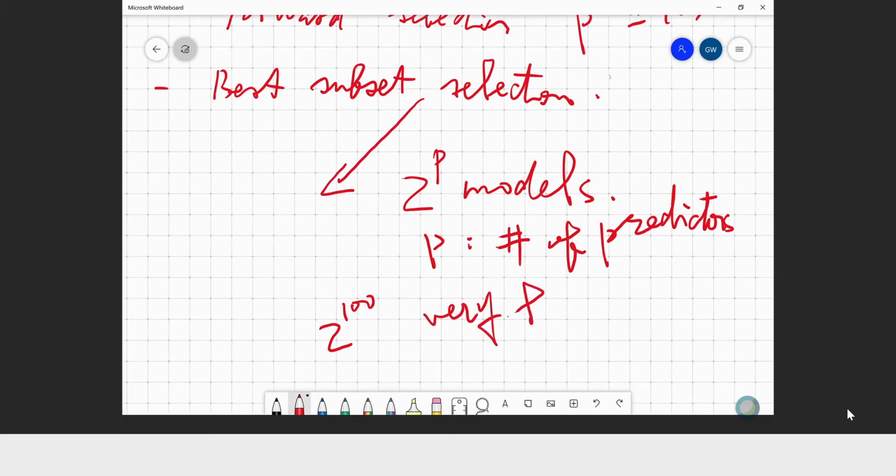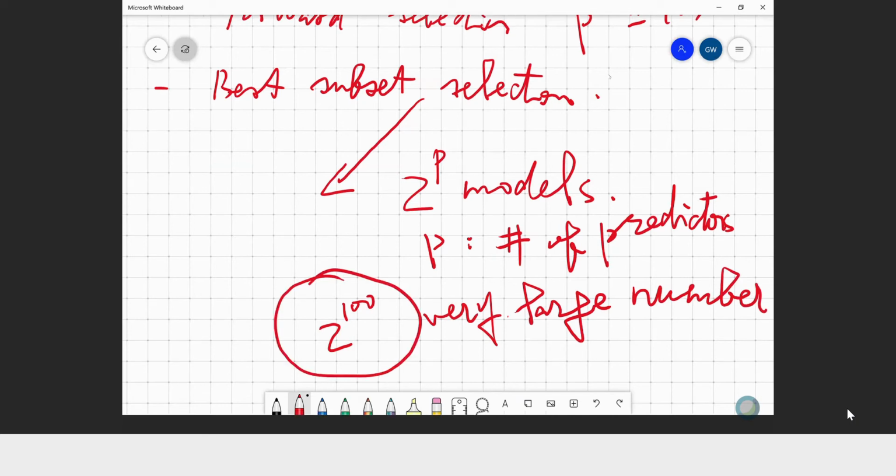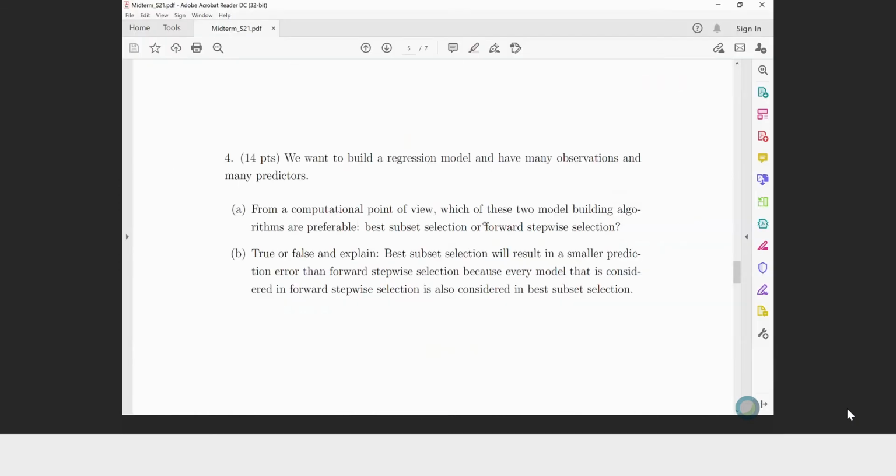So they are so much different. You fit a very large number of models. So from the computational way, definitely you use forward stepwise selection. Is this okay? Did you get it? Yes, okay. This is for the computational part.